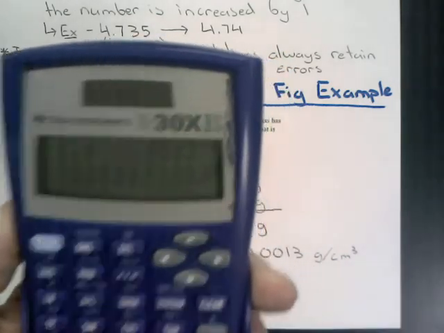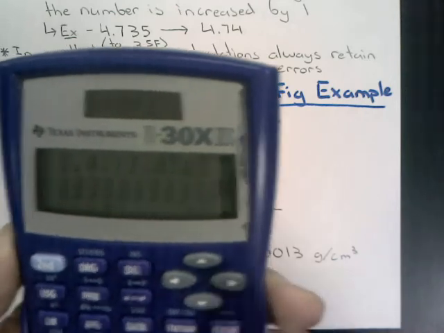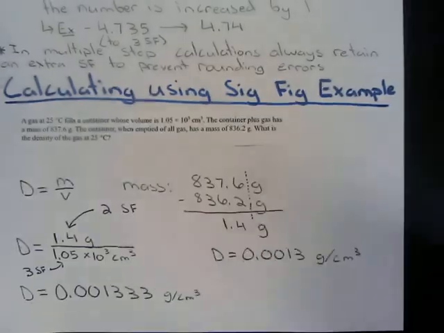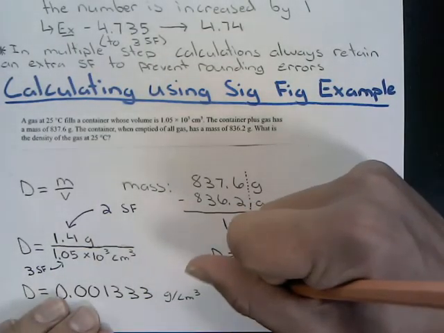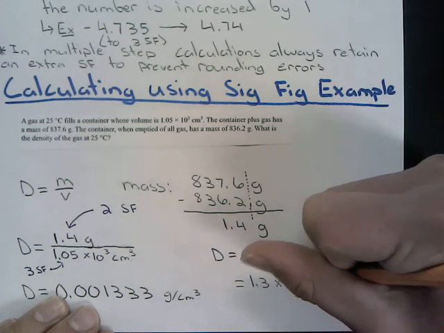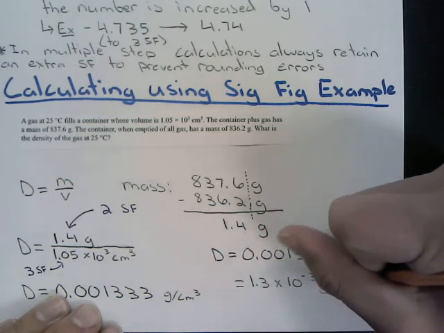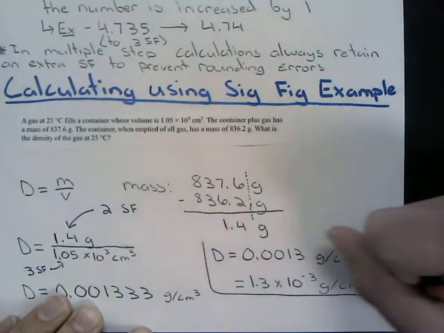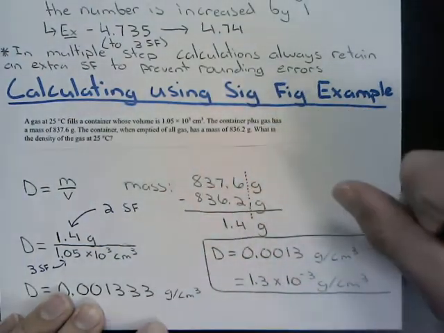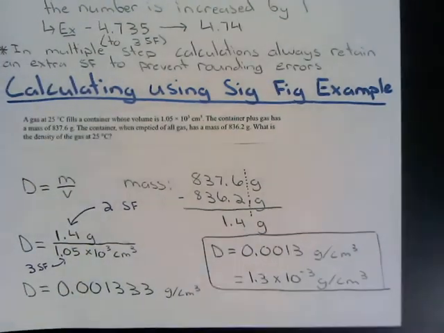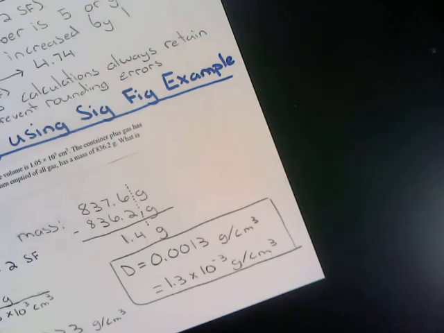So we said 2 significant digits. Well, look at this: 1.3 times 10 to the negative 3 is that same exact thing. And it makes it a lot easier. Either of these answers are correct. I would accept either of these answers. But remember our rules that were involved in this particular calculation.